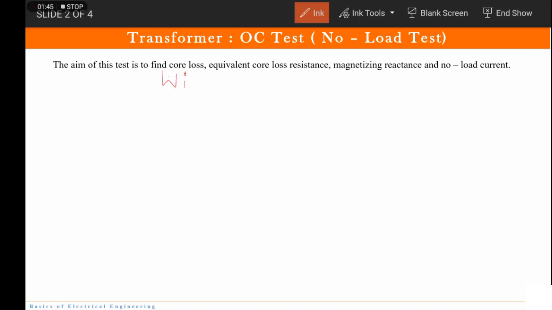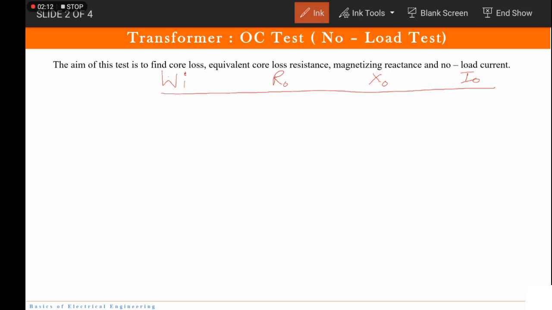Correct? Equivalent core loss resistance is represented by R naught. Similarly, magnetizing reactance is represented by X naught, and the no load current is represented by I naught. Please keep these things in your mind, that we are going to find all these parameters.